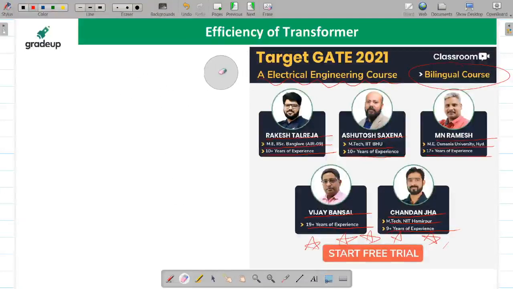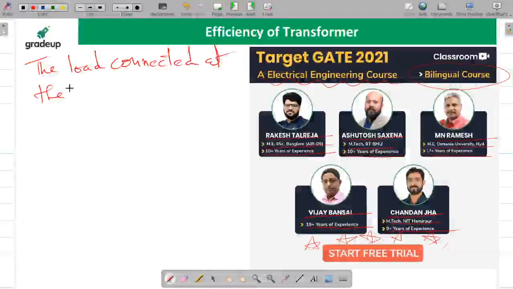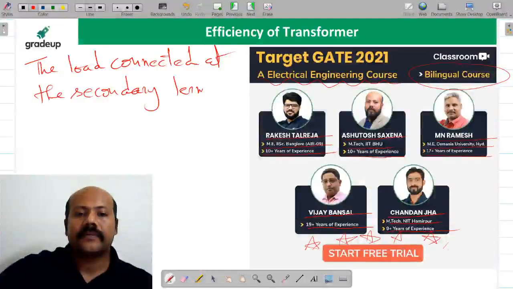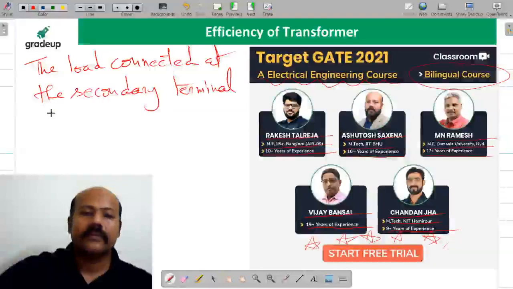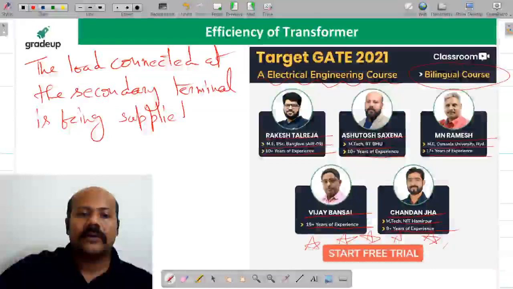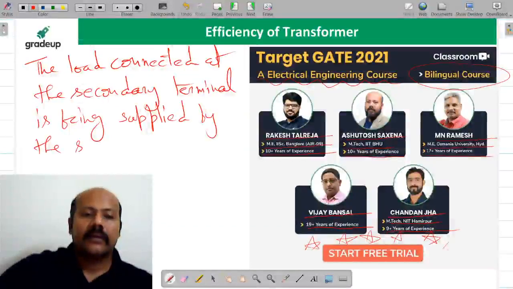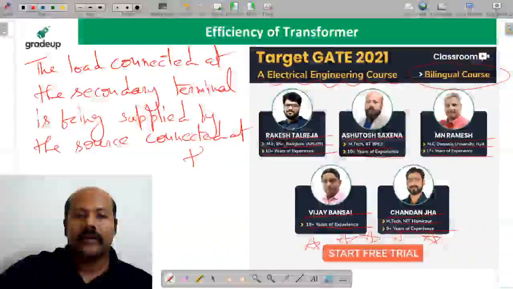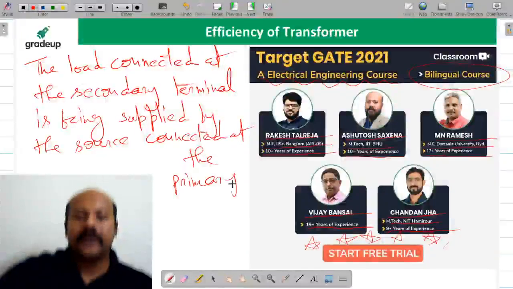We are writing the transformer action like this: the load connected at the secondary terminal is being supplied by the source connected at the primary winding.